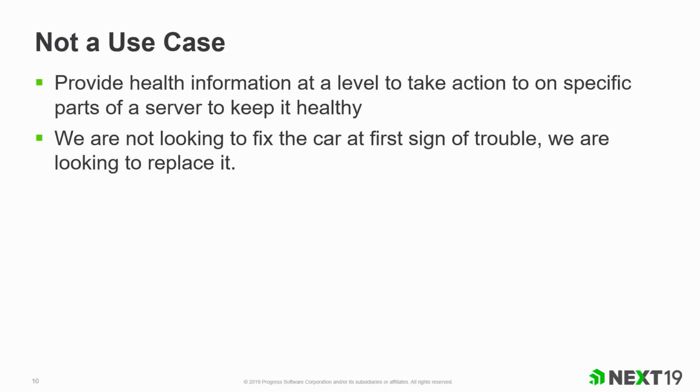What they're starting to do with this is query these probes or beans and do that yourself through another tool. That isn't part of the health scanner. The health scanner utilizes that, but those JMX beans are available to any technology that you integrate with it. And we're not looking to fix the car at first sign of trouble, we're looking to replace it. It's like your check engine light comes on, you drive it in to the dealer, you drive a new car off the lot. That's the way VMs work.